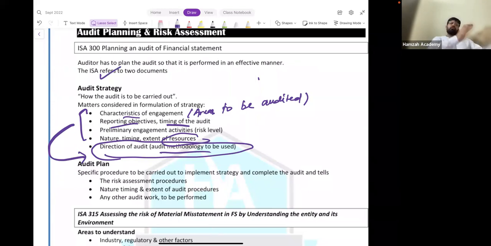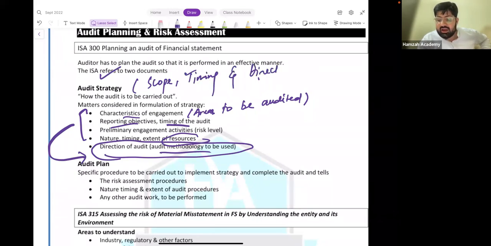You have to choose one or two or the combination of methodology. So audit strategy is scope, timing, and direction of audits. Audit strategy tells scope, timing, and direction of audits.